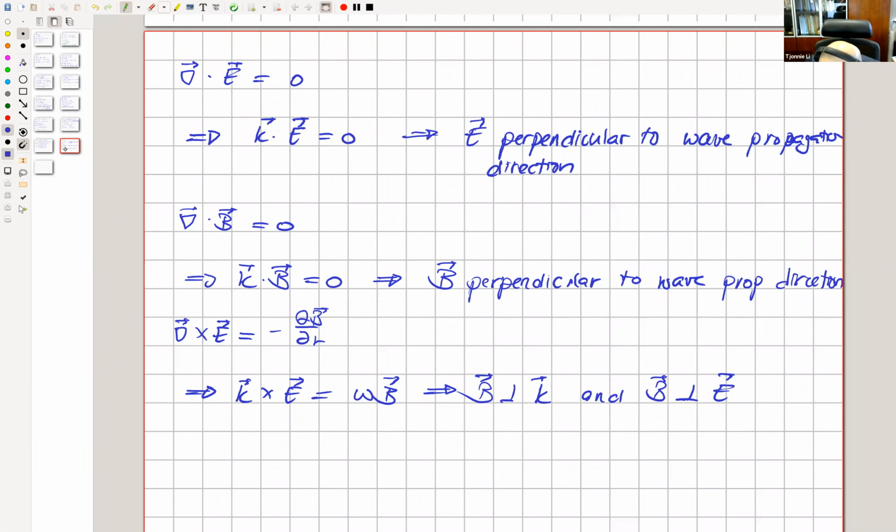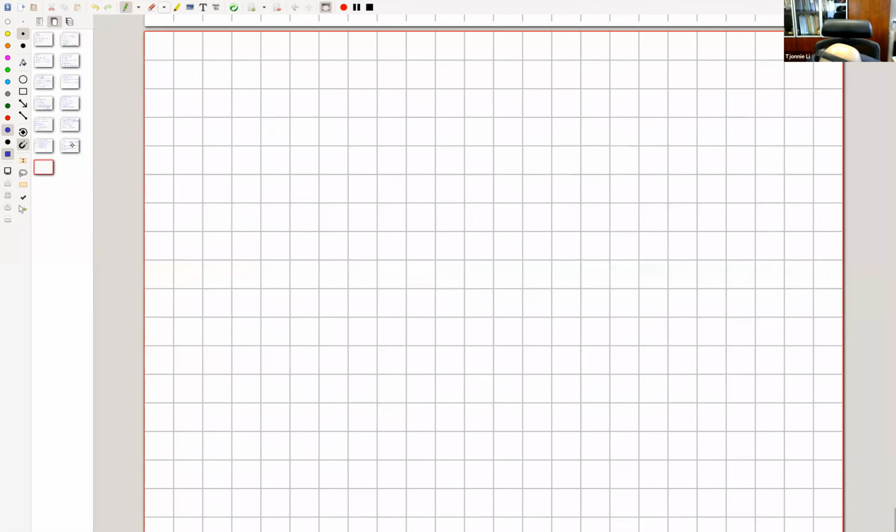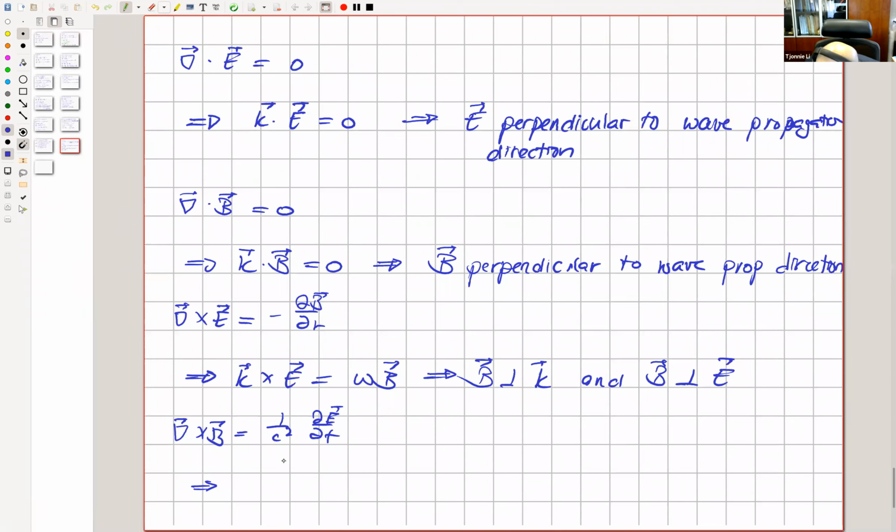I get minus k cross B equals omega over c squared E. And again, this gives us the same picture where E, B, and k are mutually perpendicular.